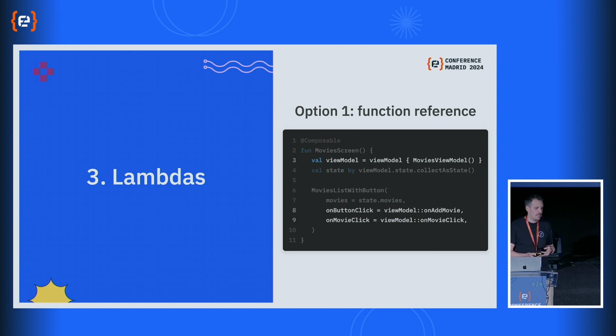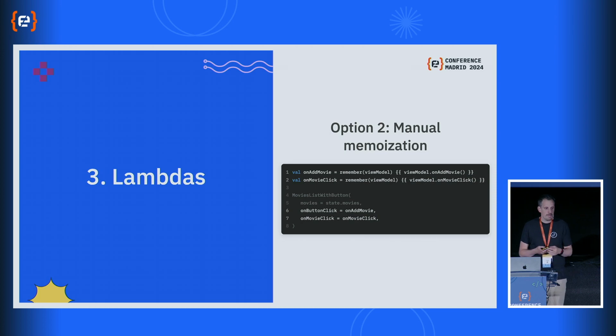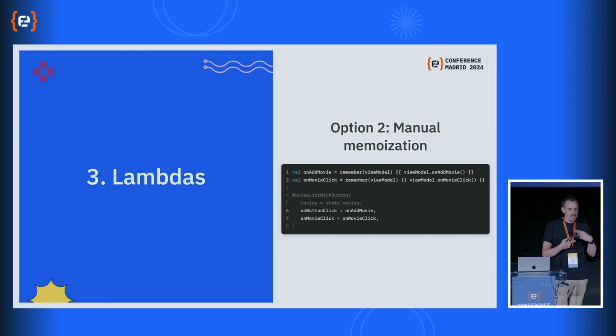So the equals will return true always when we compare the reference of this function. And the other option is to do the manual memoization by doing a remember of the lambdas. But as you can see, this is quite a lot of boilerplate just to avoid this recomposition. So lambdas are a tricky thing.